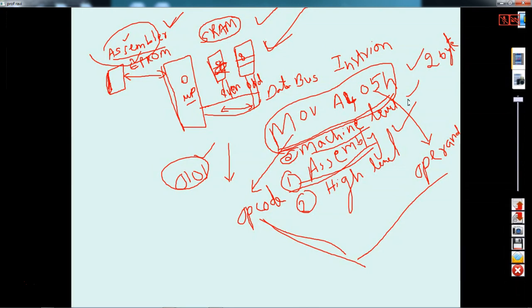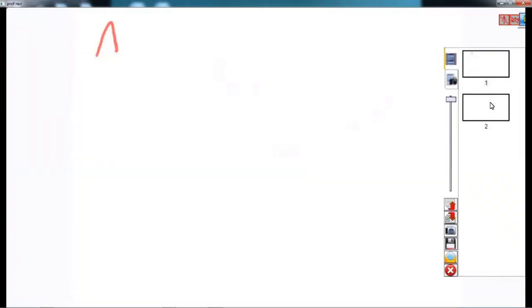The addressing modes will give you how to locate data in the instruction. It is like learning grammar. You want to write a program, well and good, but at the same time you have to know the grammar for writing your sentences. So addressing mode is this. Let us try to see the addressing modes first.